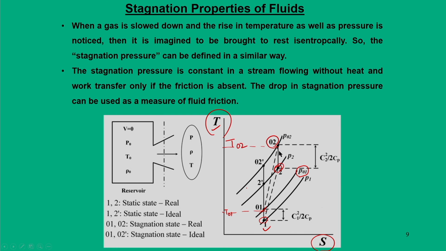In a sense, we can define this for any arbitrary state; we can define its corresponding stagnation state by accounting for the velocity factor. In the first case, state 1, its velocity factor was c1 squared by twice Cp, and in the second case the velocity factor is c2 squared by twice Cp.